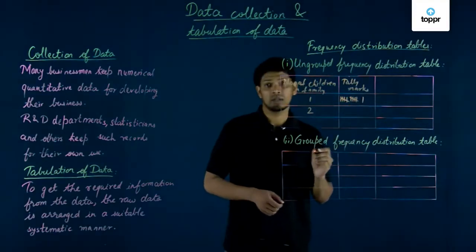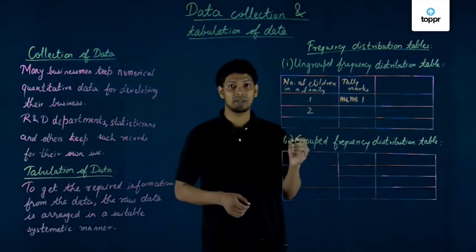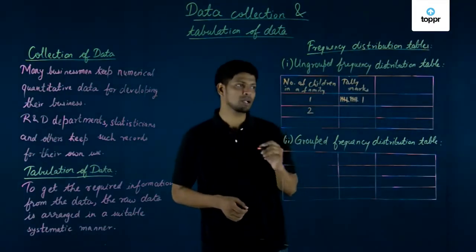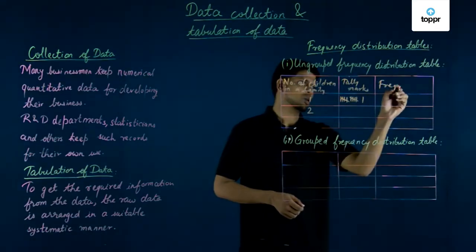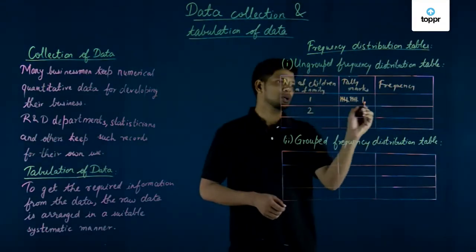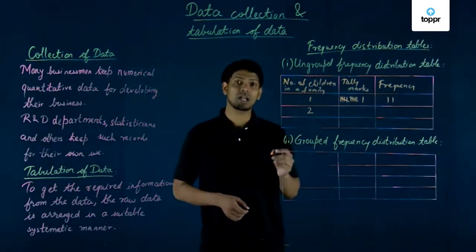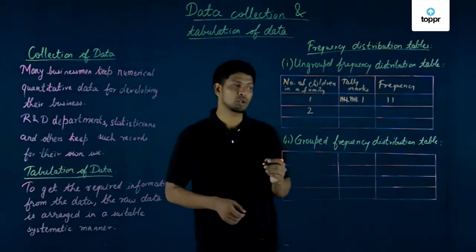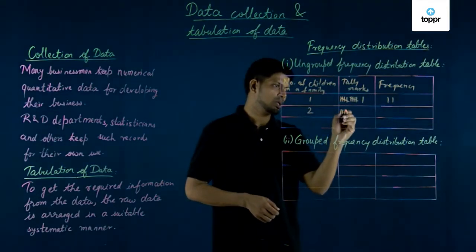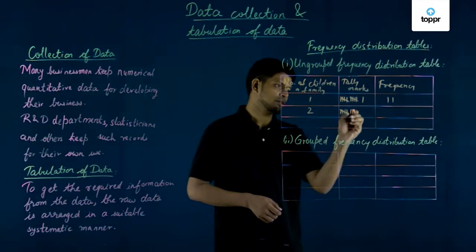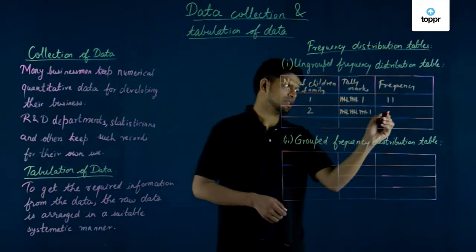You visited many families and found that 11 families have 1 kid. Then you can count, and this last column becomes your frequency: 11. And you visited many families which have 2 kids. Then you put it in the table like 1, 2, 3, 4, 5, 6, 7, 8, 9, 10, 11, 12, 13, 14, 15 and 16.